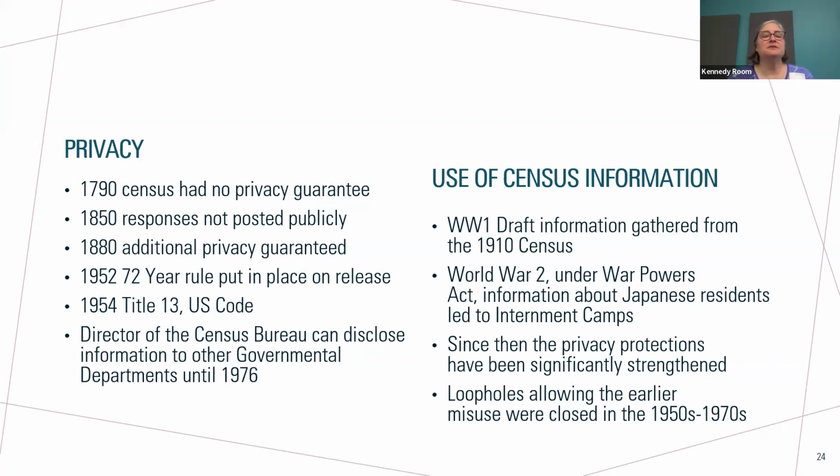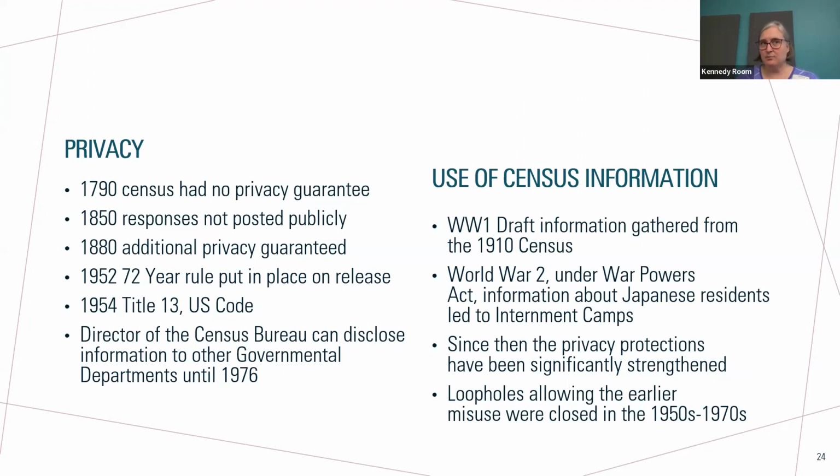1954, they added Title 13 in the US Code, which standardized all of the privacy stipulations to that point. Up until 1976, the director of the Census Bureau can disclose information to other governmental departments.